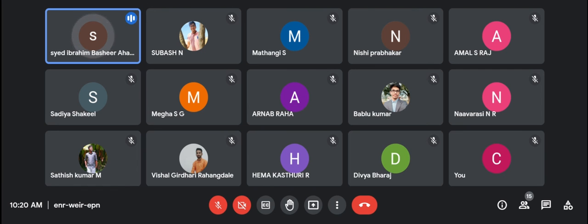In that I have done symmetry in crystals, lattices, unit cell, Bravais lattices, elements of symmetry, rotation axis, mirror plane, and symmetry operation. I have done all those things, and space group, point group, and I explained X-ray diffraction, Laue equation, Bragg's law, reciprocal lattice, all of which come under the third unit.